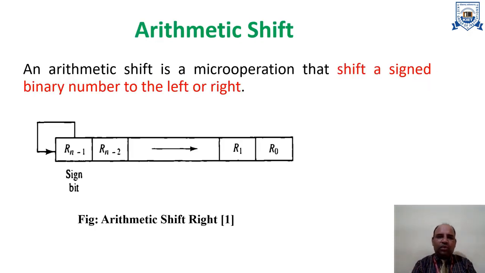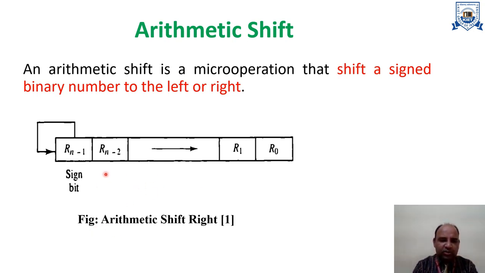So now we move on to the last category, which is the arithmetic shift. You know that an arithmetic shift is a micro operation that shifts a signed binary number to the left or right. Make sure it shifts a signed binary number to the left or to the right depending upon the requirement. As we are seeing in this example, this is showing the arithmetic shift right.